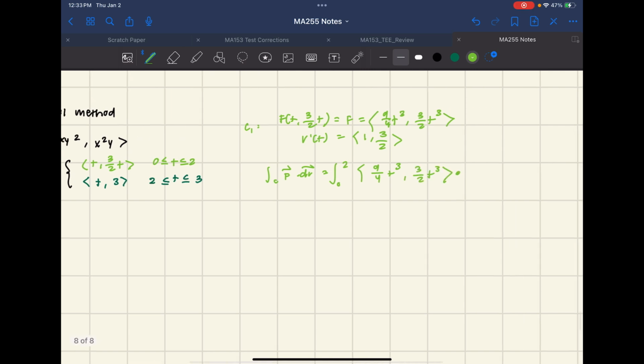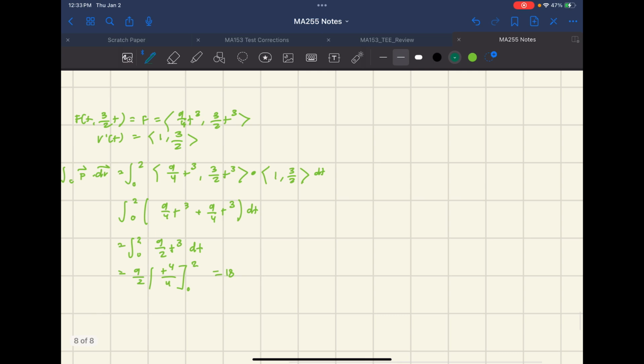We dot the 2. You dot the first component with the first component and the second with the second. That gives you that, and that equals 18. Okay, so let's do C2 now.